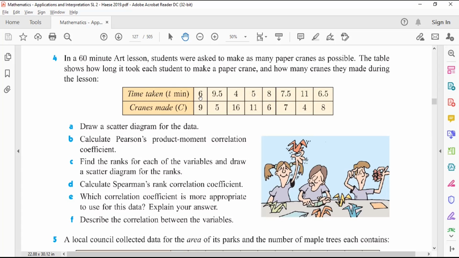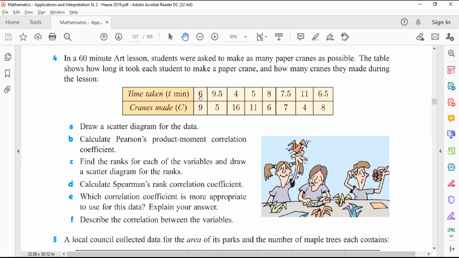Okay, then the second part: 5, 16, 11, 6, 7, 4, 8. I got 0.921. Yeah, so minus 0.921 is the answer.